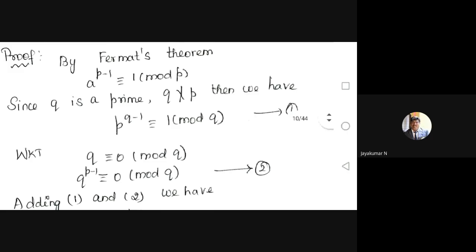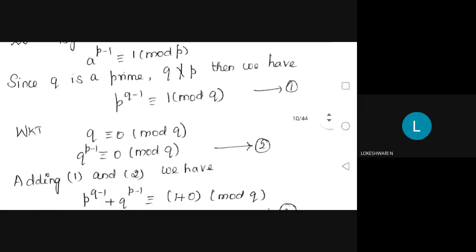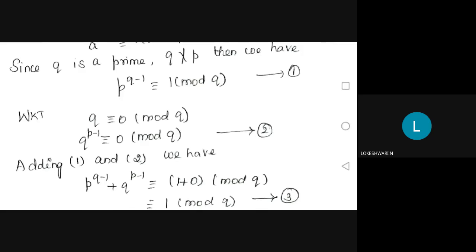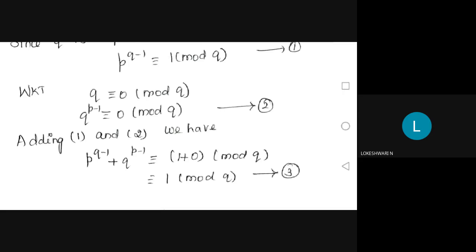Now adding equation 1 and 2, p power q minus 1 plus q power p minus 1 is congruent to 1 plus 0 mod q. That is 1 mod q. So equation 3 is proved.